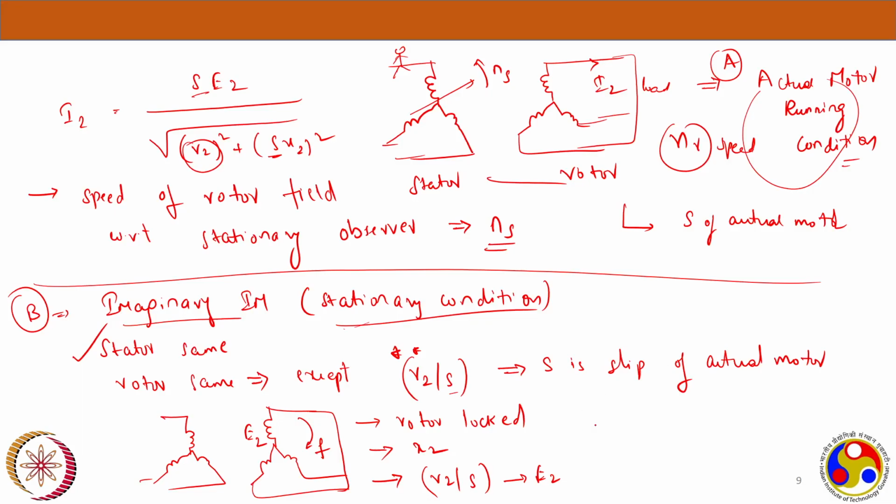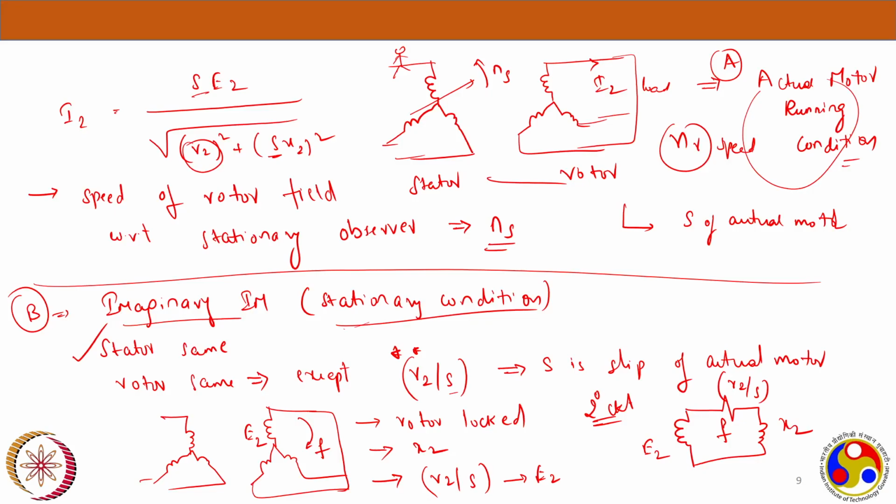Now if I draw the secondary side circuit, there will be a voltage induced, a resistance and a reactance. So this is E2, this is X2 and this is R2 by S, and the frequency is F. If you see this, R2 by S is a fixed number.